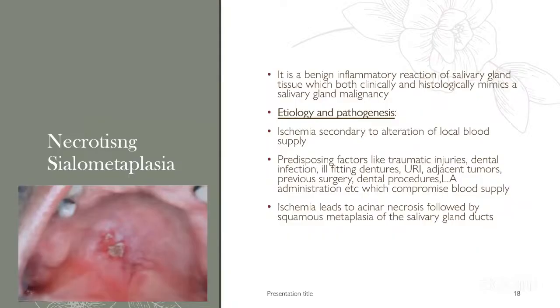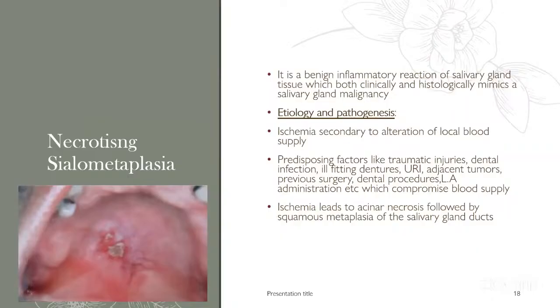The next condition is necrotizing sialometaplasia, which is a benign inflammatory reaction of the salivary gland. And the importance is that it clinically and histologically mimics salivary gland malignancy. There is a lot of clue to studying about the nature of this condition, in that the name itself is self-descriptive.